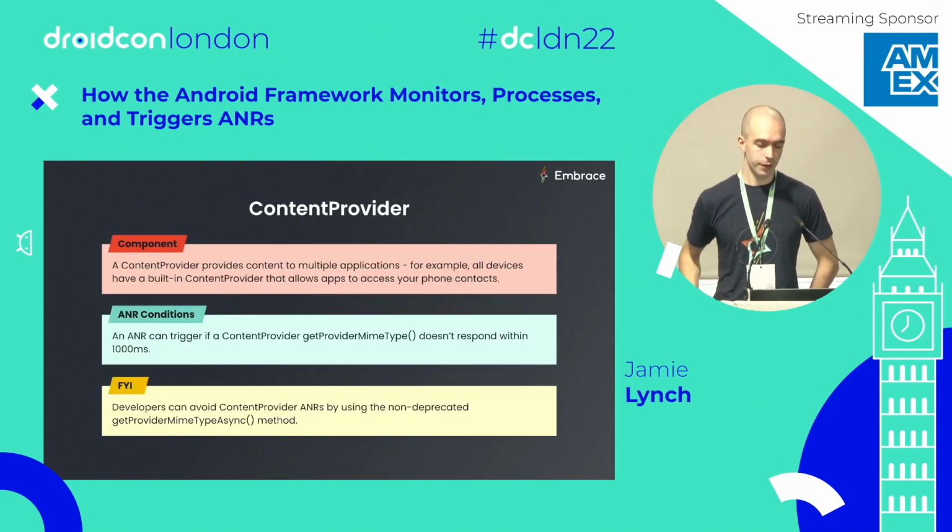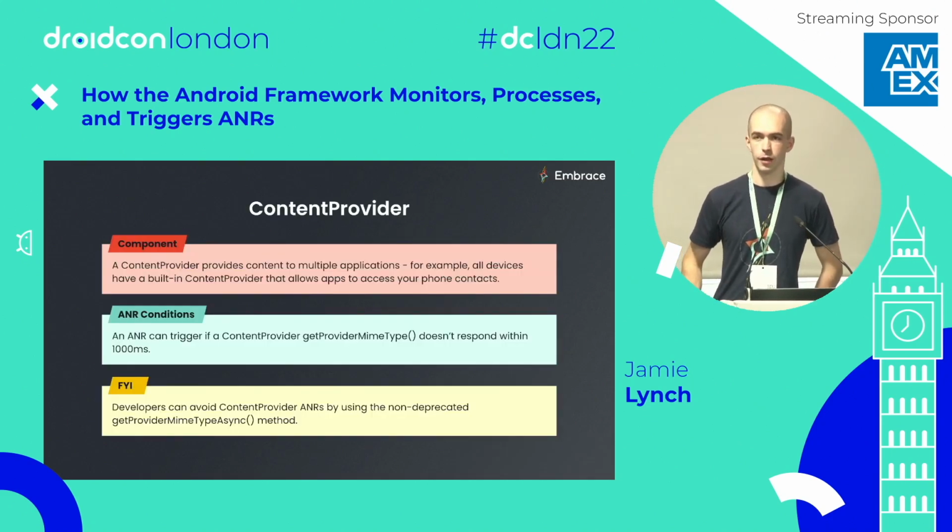Finally, let's cover a content provider. This is probably a little less common as a component, but it has quite an interesting condition in that there's only one ANR that can be triggered from a content provider specifically. The condition for that is if you don't call getProviderMimeType within 1 second.